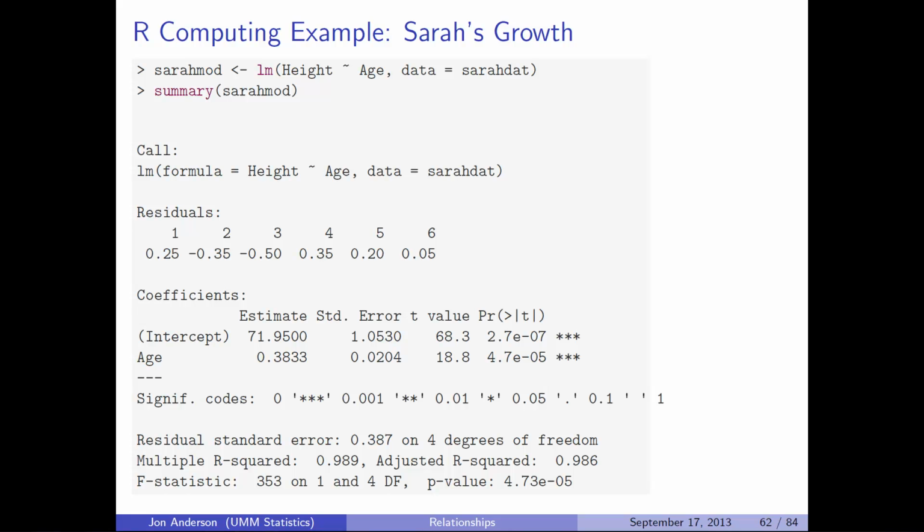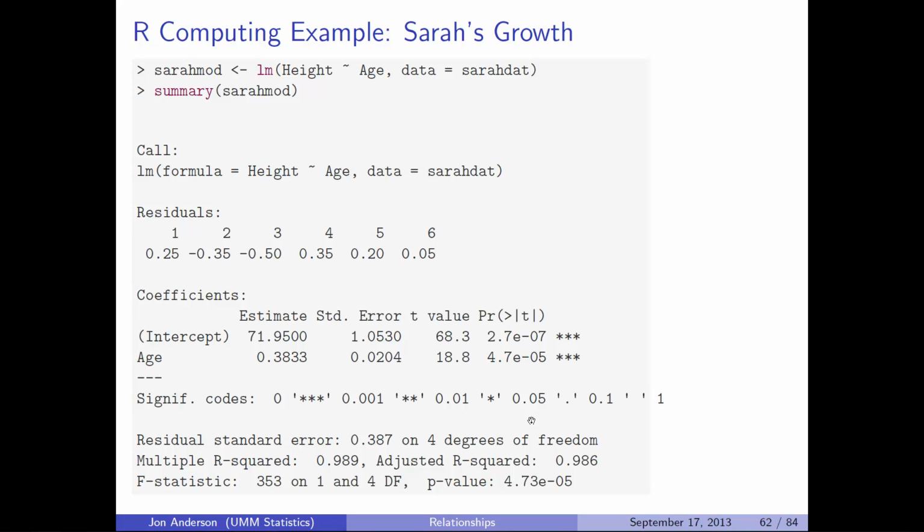Here's where you'll find it on output. Here is Sarah's estimated summary model using age to explain height, and when you summarize that line object, Sarah mod, you'll see multiple R squared right down here of 0.989. Right above it, you'll see residual standard error. That's the value of S, or the typical residual that we've been talking about.